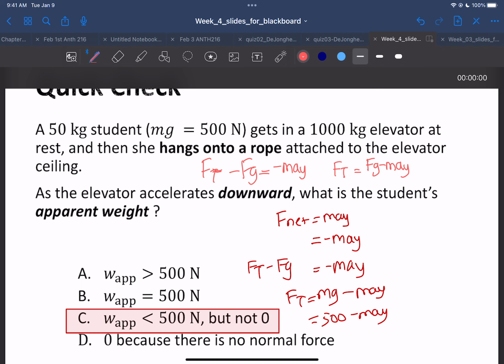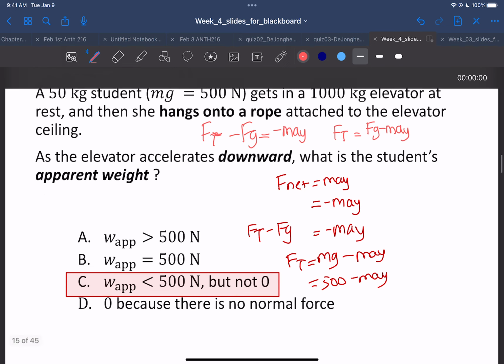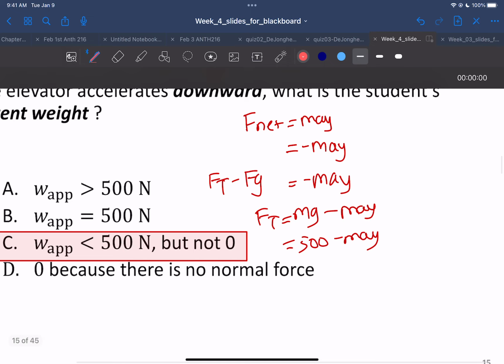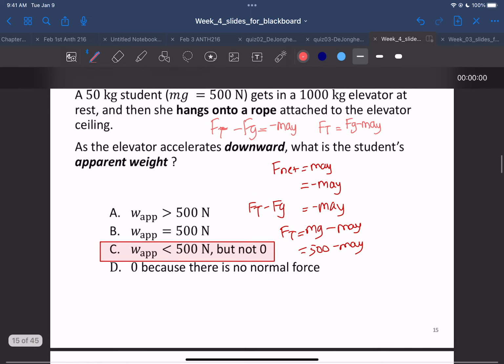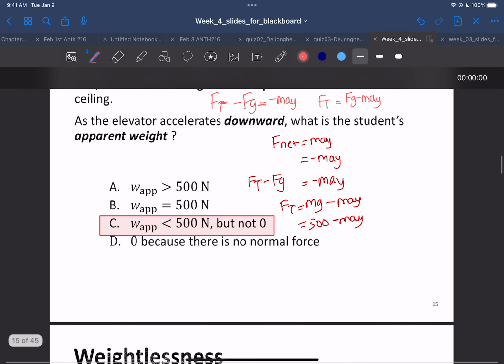And so in that case, if your actual weight is 500 newtons and your force of tension is equal to your actual weight minus that net force downwards, then your apparent weight should be less than 500, but not necessarily zero.